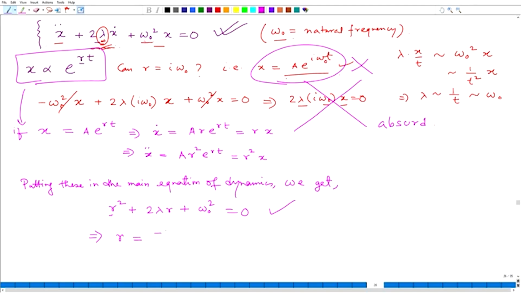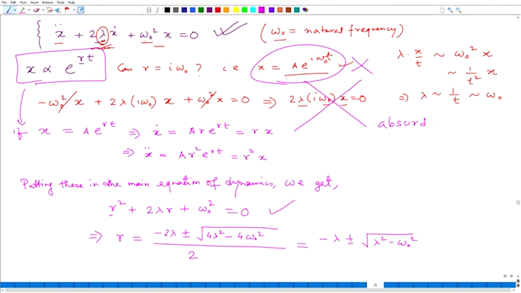So, minus 2 lambda plus minus root of 4 lambda square minus 4 omega 0 square by 2, which will simply give us minus lambda plus minus root over lambda square minus omega 0 square.